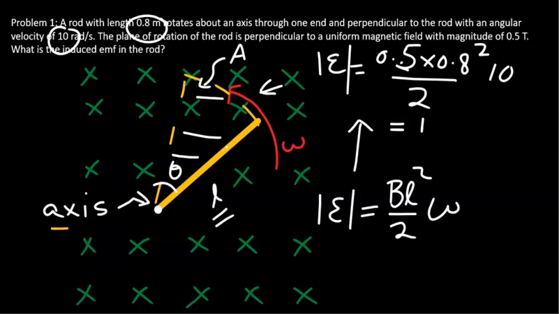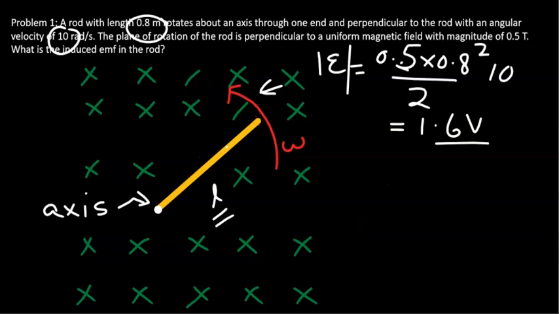And that will give you 1.6 volt for the EMF. This is the magnitude of the EMF. What that means is there must be a potential difference between this point and that point, with the potential difference being the same as the EMF, 1.6 volt.